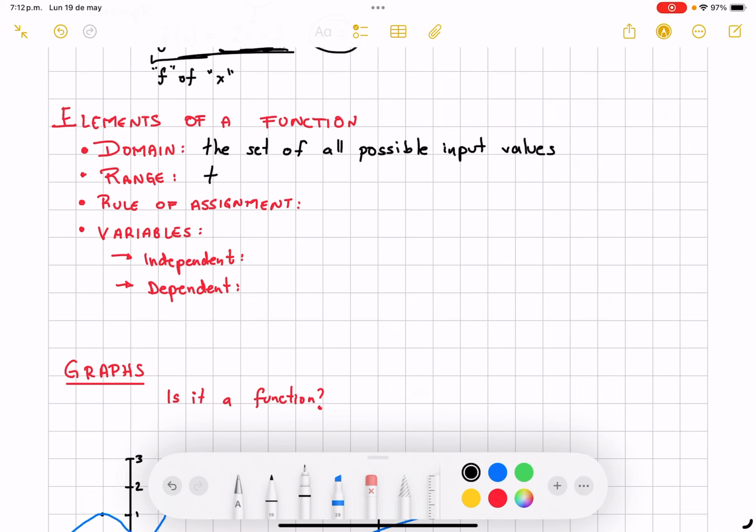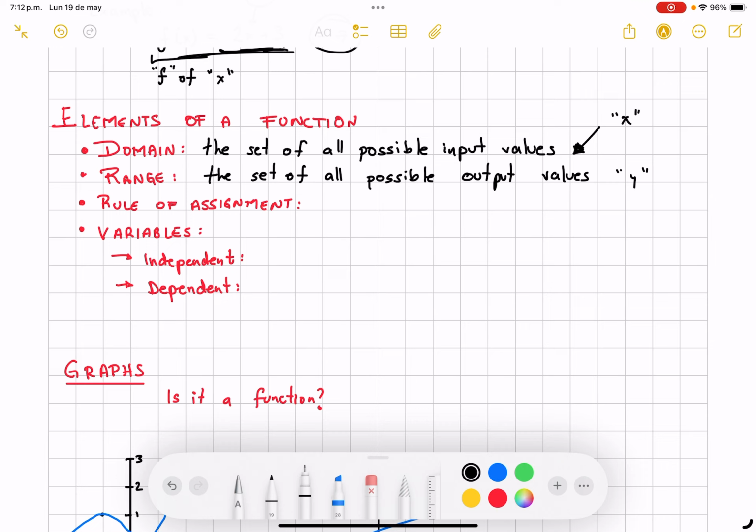And the range is the set, the group of all possible output values. In a graph, this is going to represent the extension on the x-axis, and this the y-axis.